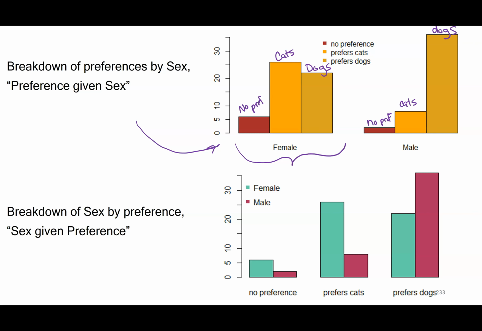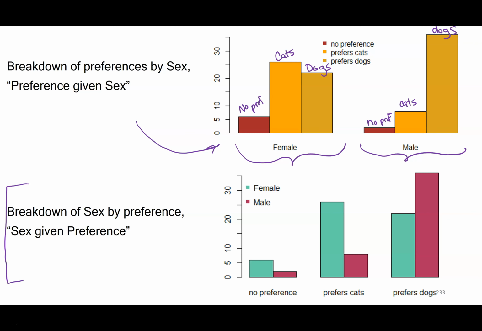No preference is definitely the smallest group. Cats is the largest, but not by a lot. Dogs is kind of high up there too. But if you look at the male group, no preference is really, really small. Cats is actually pretty small. And then the dogs bar is pretty high. So you can see that the preferences are not distributed the same between men and women in this example.